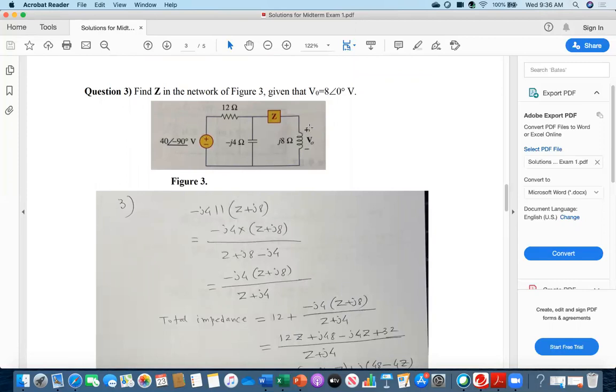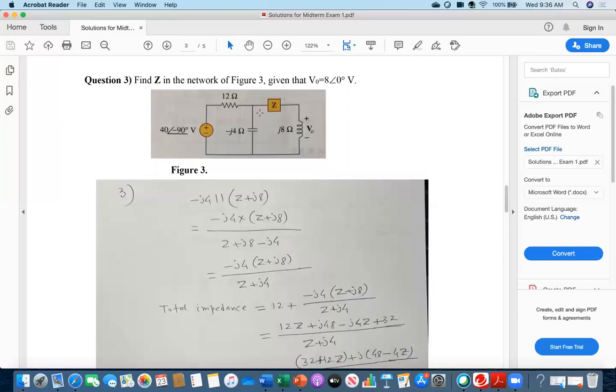Otherwise, I cannot find out the G, because G is in series with this component. That's why you need to find out the current flowing through j8, or through G in other words. So once you know the total current, just apply the current divider rule. What current is flowing through this branch? That I did.